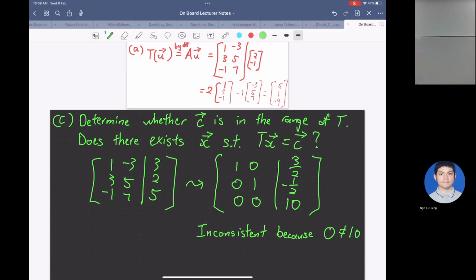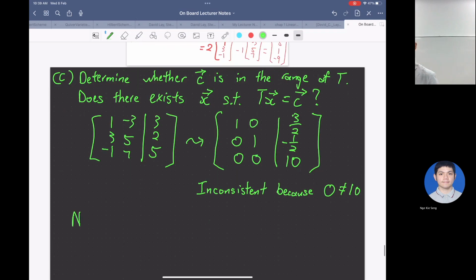So you cannot solve the linear system, you cannot find the x. So there is no x such that Tx equals C. Same method, different way to interpret it.